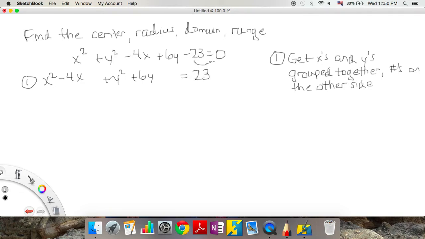So we move that over there by adding it to both sides. Now, the next thing we need to do is complete the square. We're going to put the extras on the other side instead of on the end like we did before.